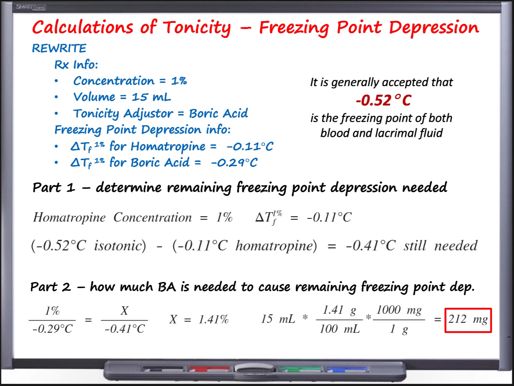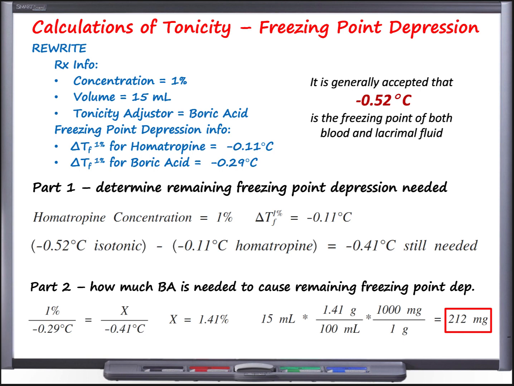If we took 212 milligrams of boric acid and put it into 15 milliliters, that would create a 1.41% solution. That solution would lower the freezing point by 0.41 degrees Celsius. By adding also 1% of homatropine, our active ingredient, we would have the right concentration we want therapeutically, but that 1% would also reduce the freezing point by 0.11 degrees. 0.11 degrees plus our 0.41 degrees would cause a final freezing point depression of negative 0.52 degrees Celsius, which makes our final product isotonic.